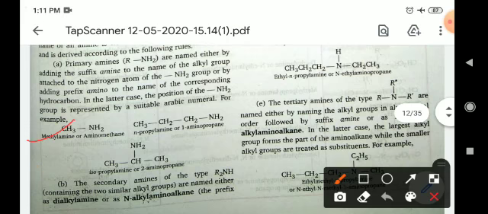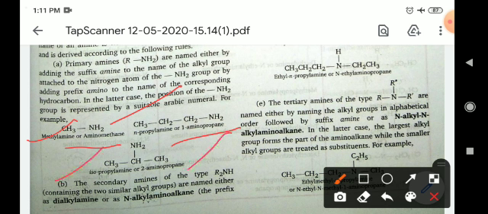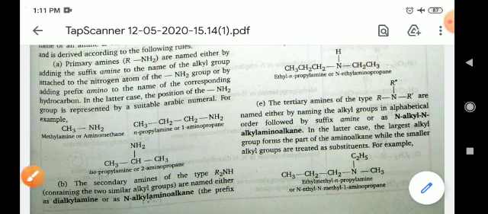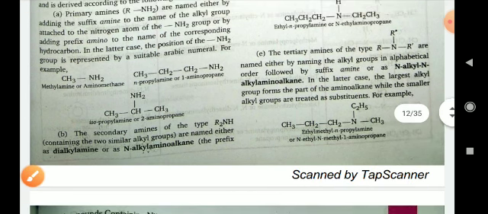Here there is one methyl and an NH2 group, so this is known as methylamine or aminomethane. Aminomethane is the common name, but methylamine is the IUPAC name. N-propylamine, because there are 3 carbons, so propyl, or 1-aminopropane. Isopropylamine or 2-aminopropane. So these are basically the aliphatic compounds' nomenclature.